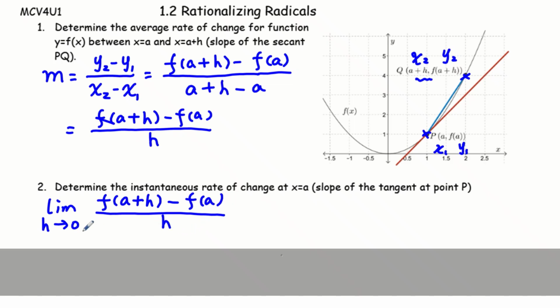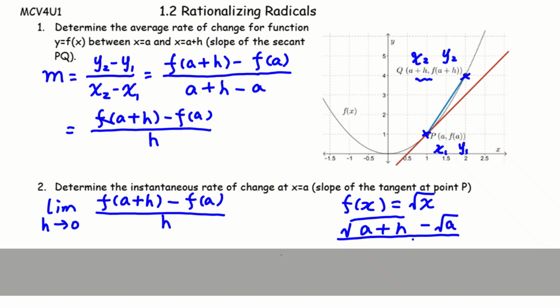And in order to find the limit of this one, sometimes we need to deal with a function that is a radical function. So for example, f at x equals square root x. Then for the numerator, f at a plus h, we plug in a plus h, and you will have square root a plus h, then minus square root a, plug in a, over h.